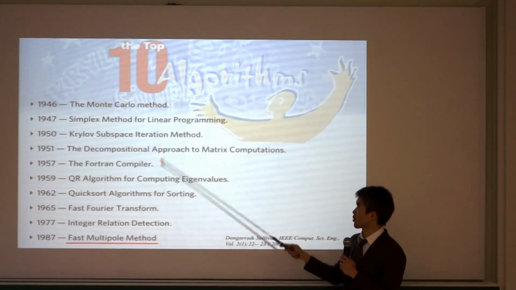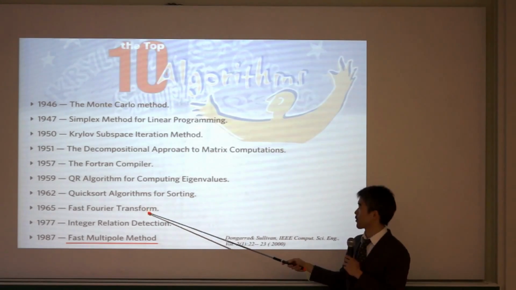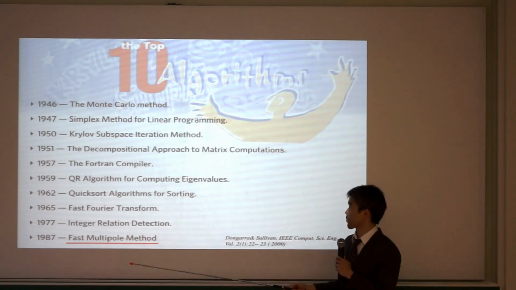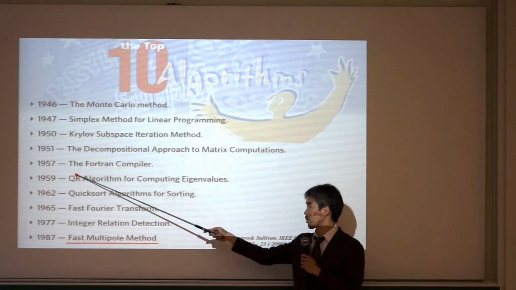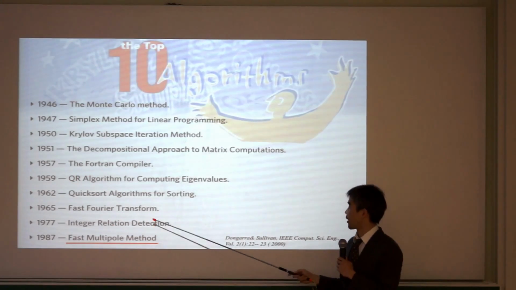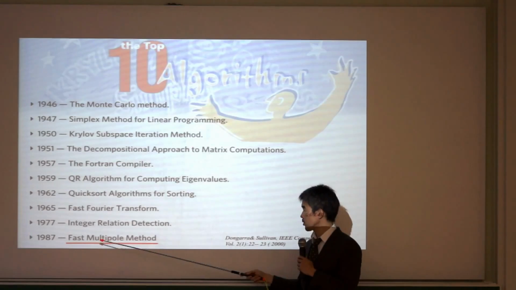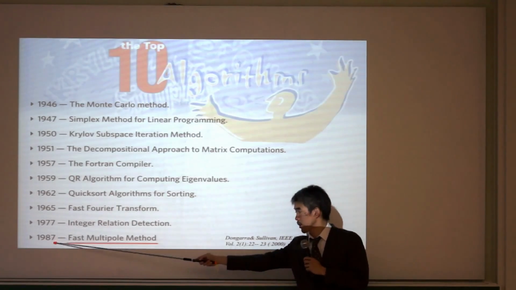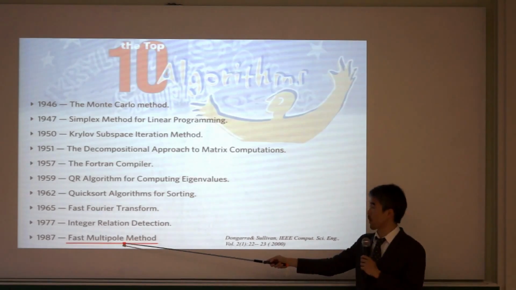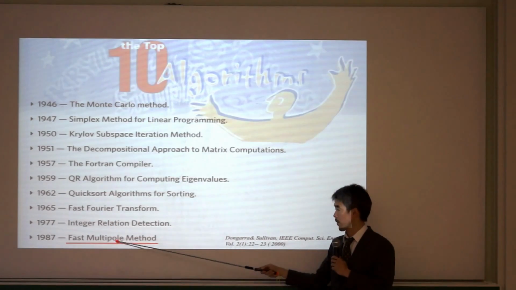And you've probably heard of FFT, quicksort, and the QR method, QR factorizations. You have here, in 1987, a fairly new algorithm compared to the others, the fast multipole method.